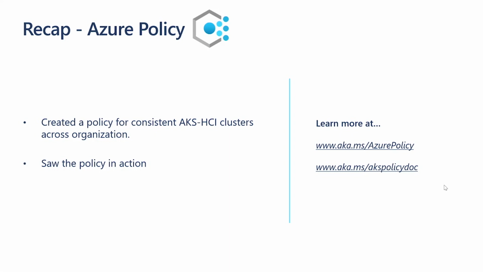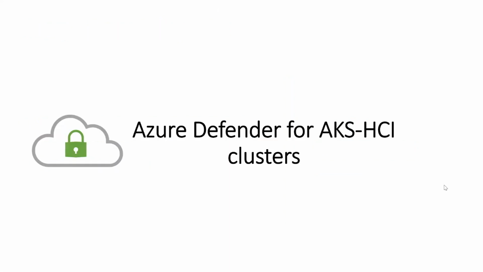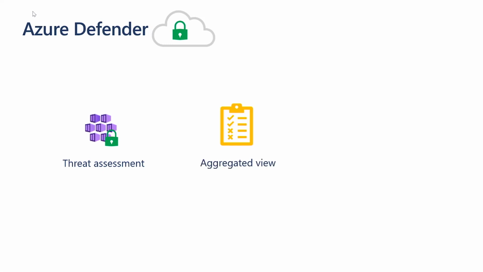Now, let's go to the second Azure service of the day, Azure Defender. Azure Defender for AKS HCI provides a complete threat assessment of your AKS HCI clusters. It also provides an aggregated view of all your resources under one subscription, be it AKS HCI clusters, AKS clusters, on-prem virtual machines, or anything else.